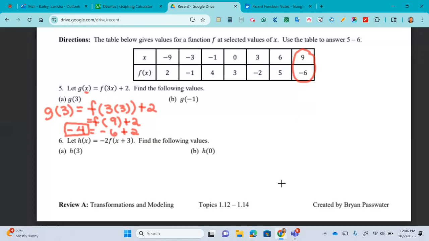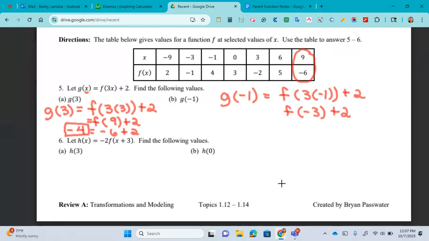All right, so let's do this again. For our g of -1, g of -1 says I'm going to replace all my x values with what? -1. So I have f of 3 times -1 plus 2. 3 times -1 is -3, so f of -3 plus 2.